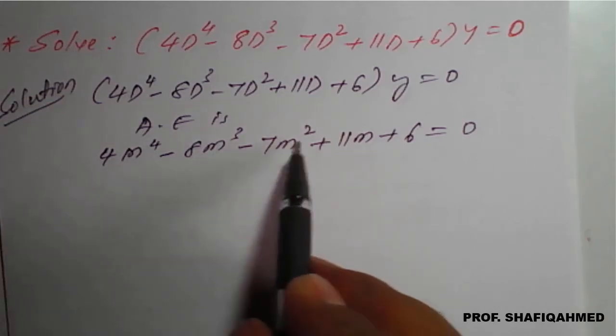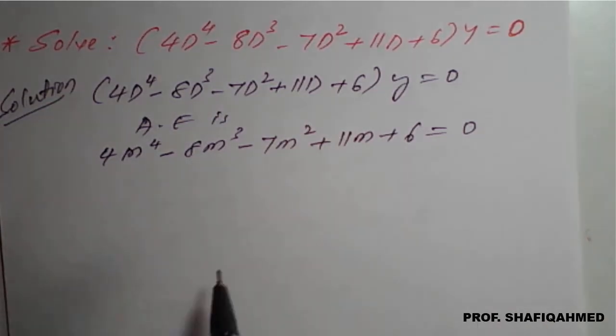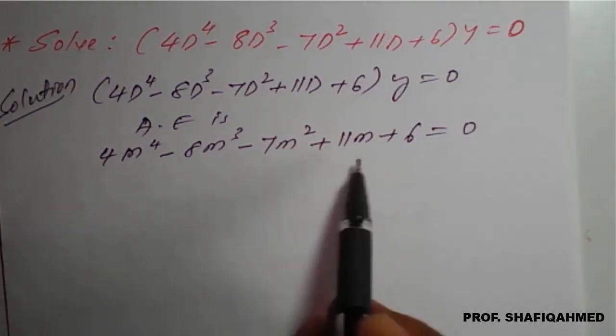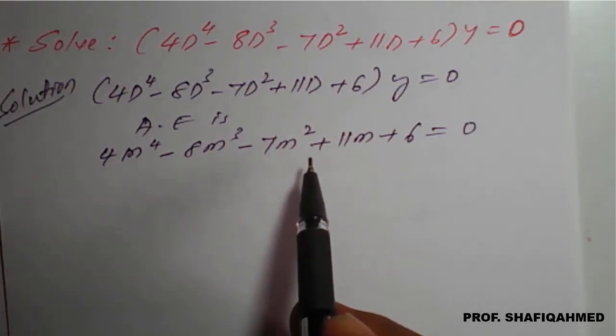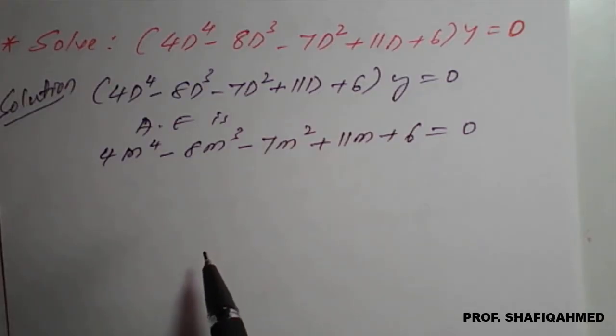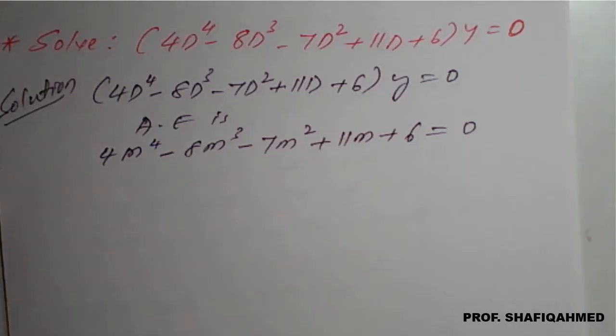If you count, there are 5 terms, an odd number of terms, so we cannot use the calculator directly. Better we use the synthetic division method to reduce it to a cubic equation, then we can go for the calculator.